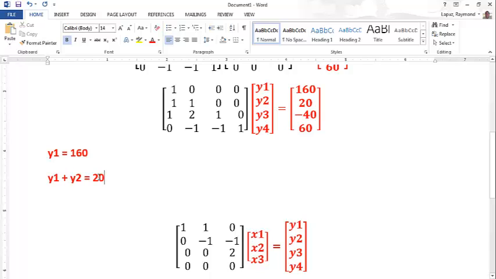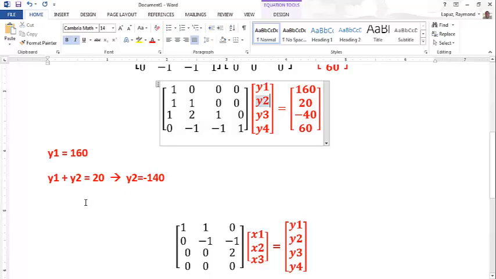And so we know that Y1 is 160. So if Y1 is 160, then we subtract the 160 from 20, I think that's going to be negative 140. So that's what our Y2 is going to equal. And then we continue on.